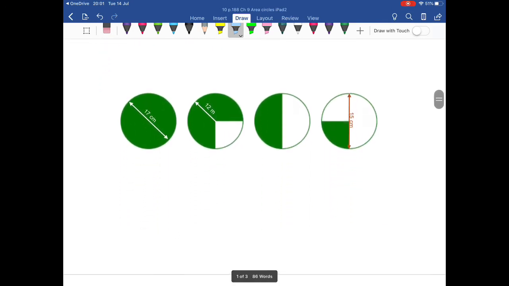Right, let's have a look at our examples. So the first thing, you've got to be able to recognize what this is. So this is a full circle. Full circle. This is a semicircle, or half of a circle.